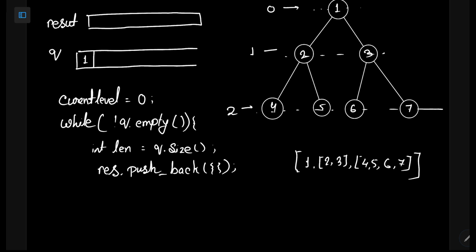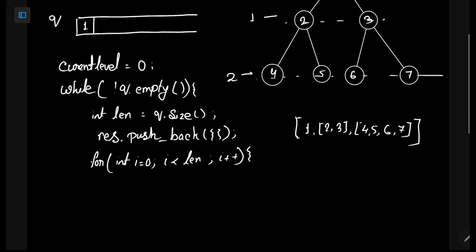This is one list; in the result there will be a list of lists. Then we will run a for loop, for int i equal to 0, i less than length, i plus plus, which means we will traverse according to the length.